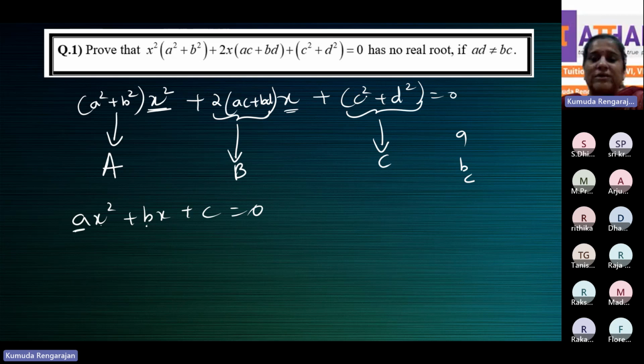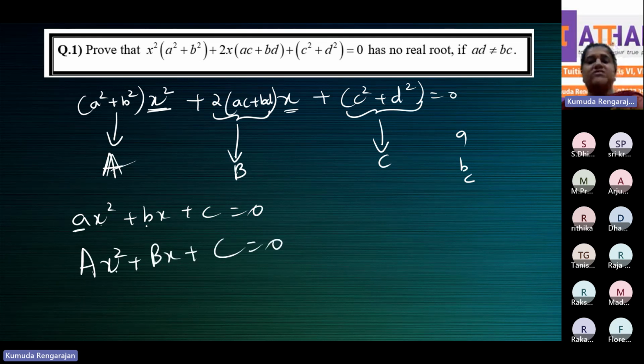So it will be confusing. You should not do that. So let's differentiate using capital letters. Assuming that the standard form is capital Ax square plus capital Bx plus capital C is equal to 0.